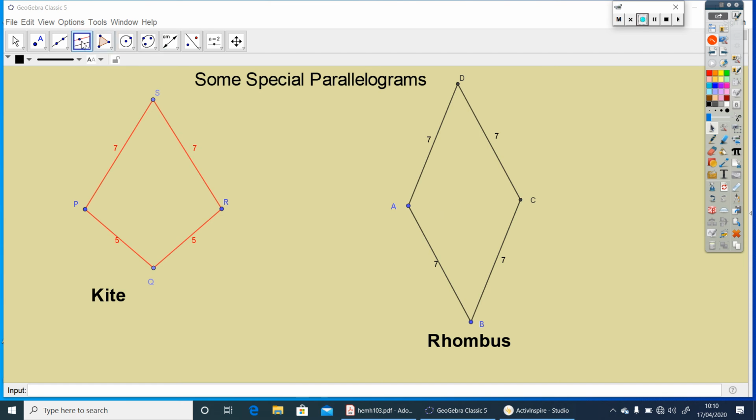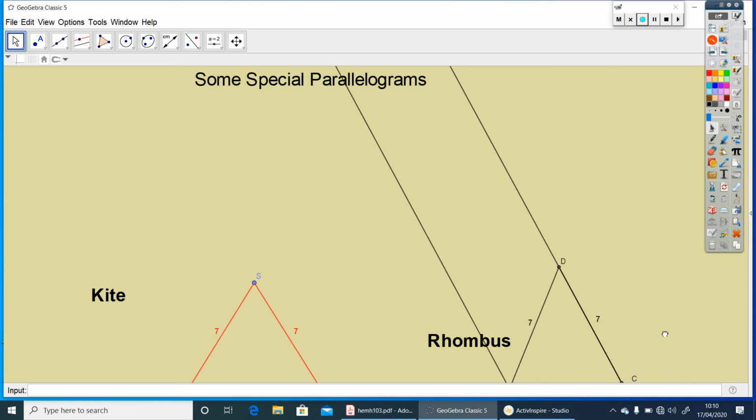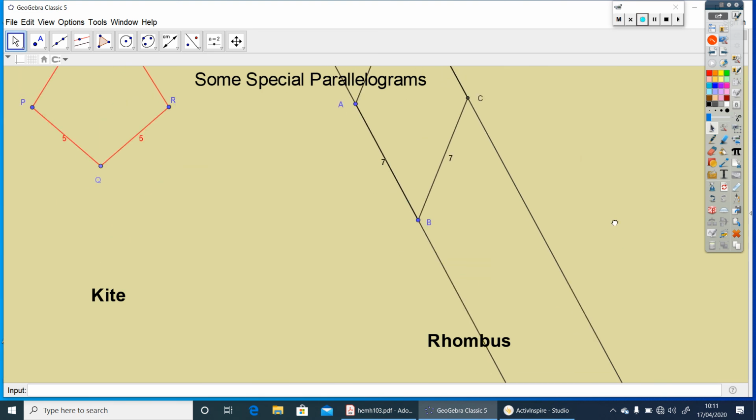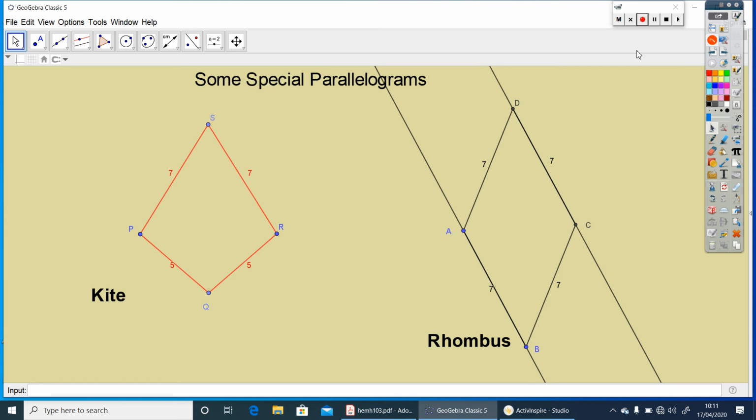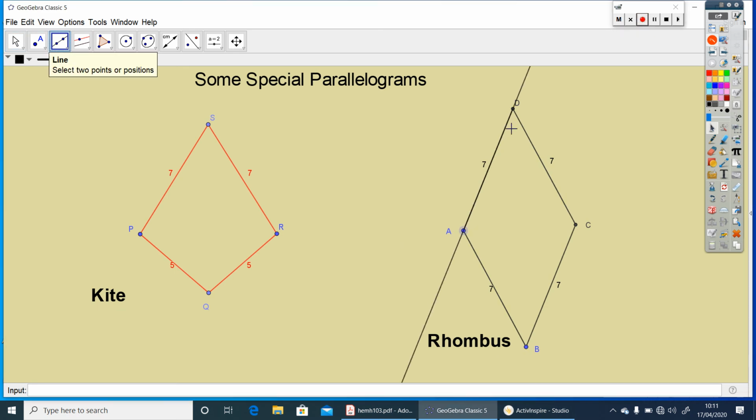Let me draw a line through AB and similarly through DC. Now check whether they are parallel or not. These two lines are not intersecting, so we can write they are parallel. Similarly, draw lines through AD and BC.